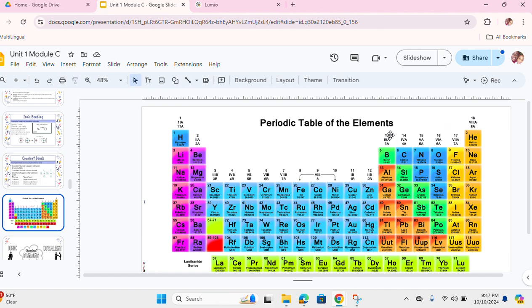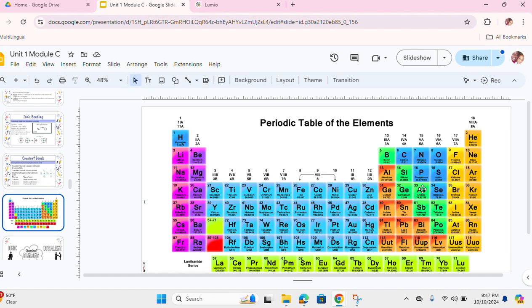For all of these, we would subtract 10. So if we subtract 10 from 13, we end up with the number 3. So boron, aluminum, gallium, indium, thallium all have 3 valence electrons. Carbon, silicon, germanium have 4.